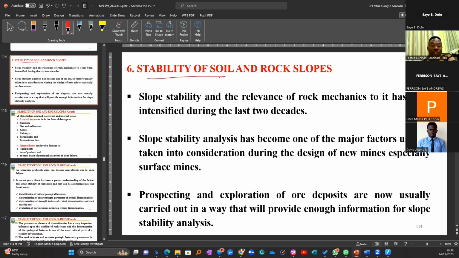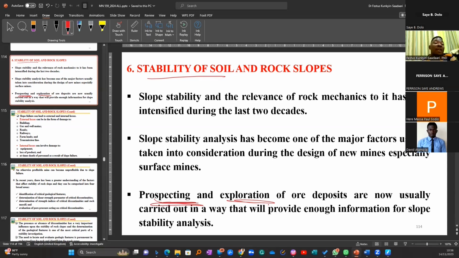So slope stability analysis has become one of the major factors usually taken into consideration in the design of any new mine at all. So even during the prospecting and exploration of our ore deposits, we have to carry it out in a way that we can make room for slopes.